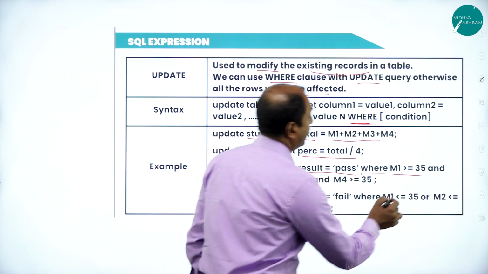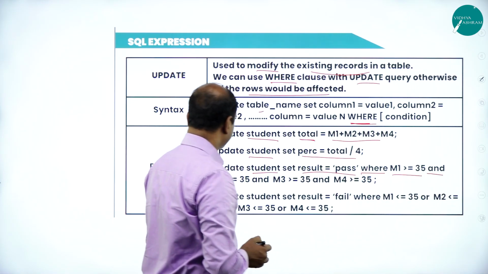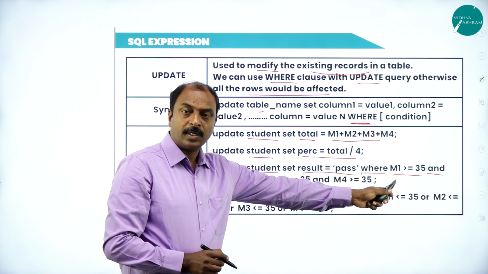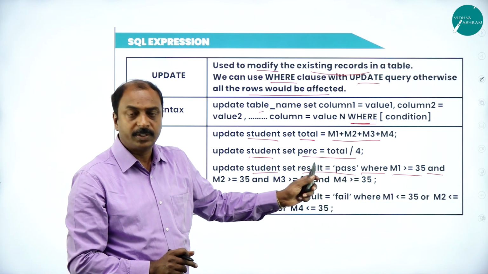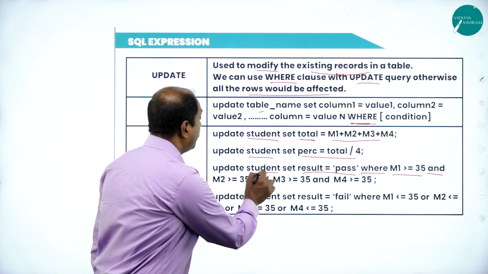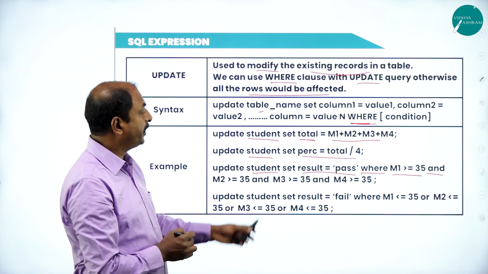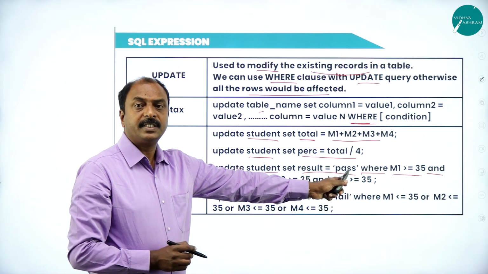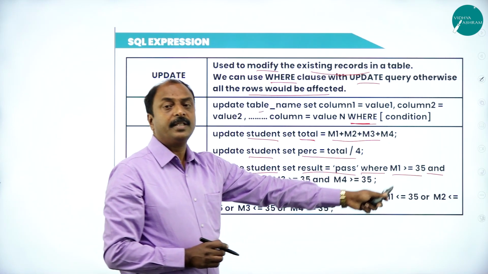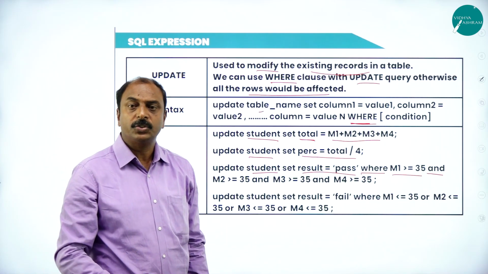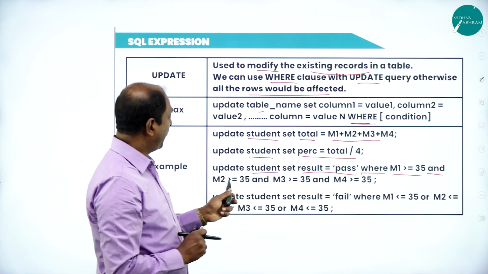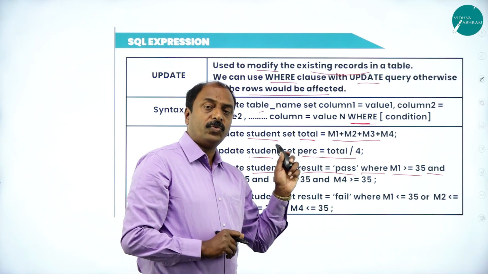Here we are using AND operator. So all the marks of these 4 columns should be greater than or equal to 35. Then it's going to execute this update expression. So accordingly, we are going to get the result pass where the values are greater than or equal to 35 for all the fields M1, M2, M3 and M4.